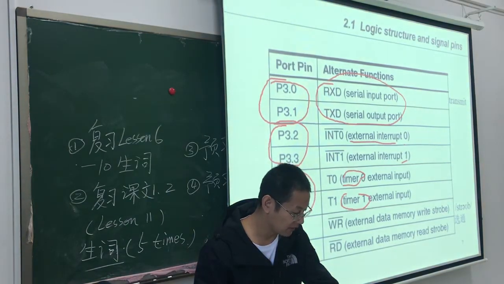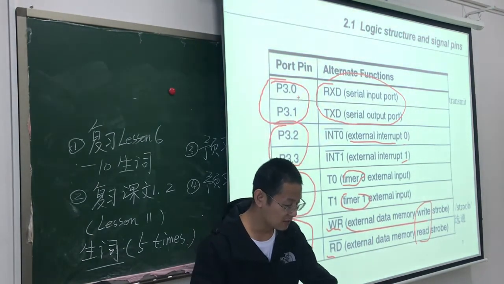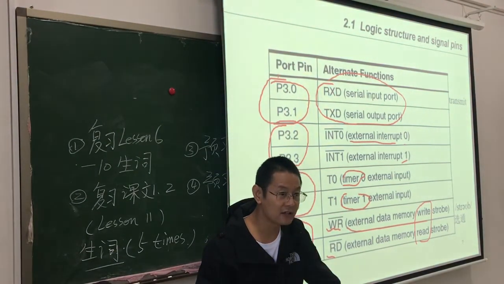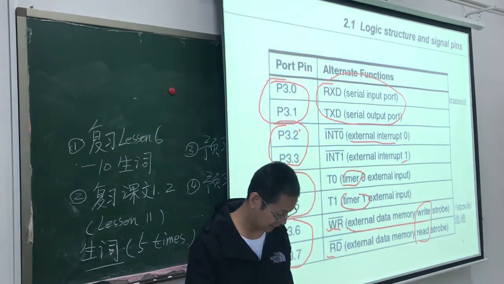Port pins 6 and 7 are for write and read, external data memory write and read. The 8 pins can work together as port 3, or can work individually.